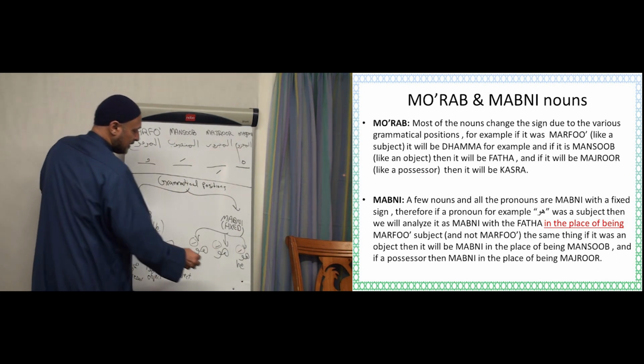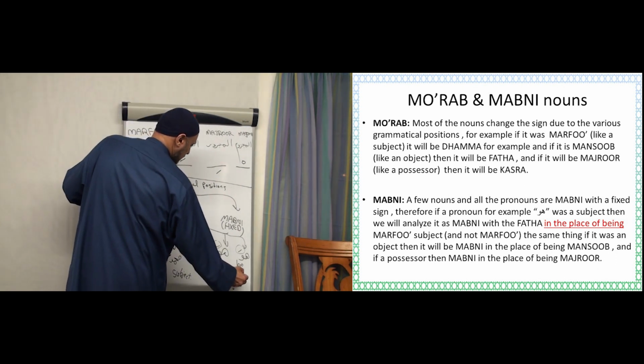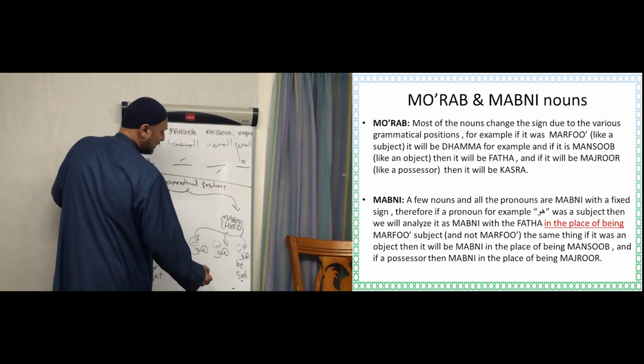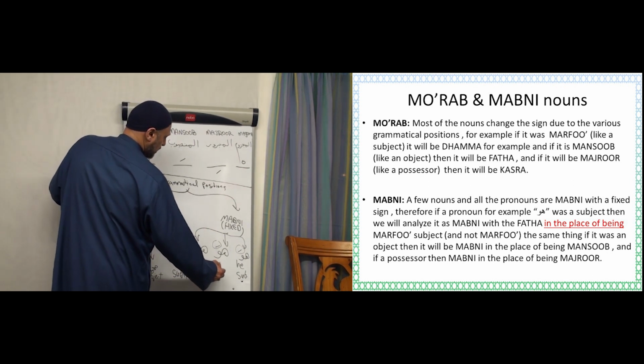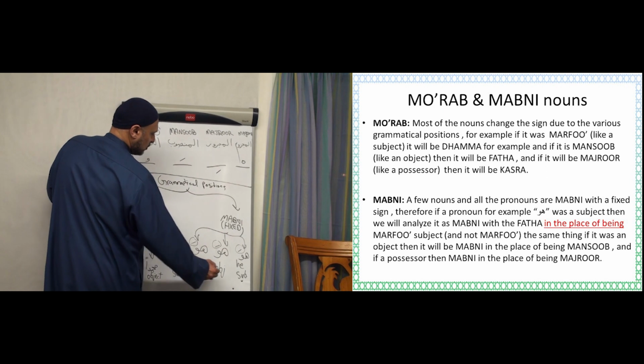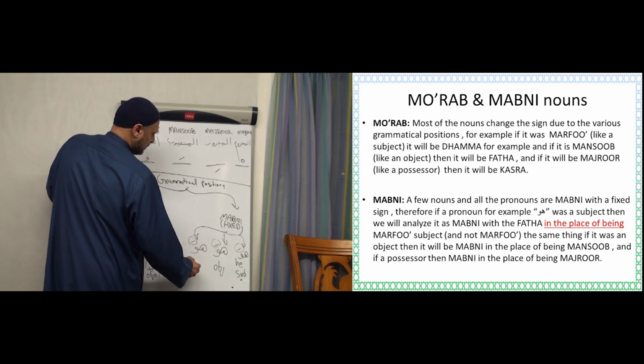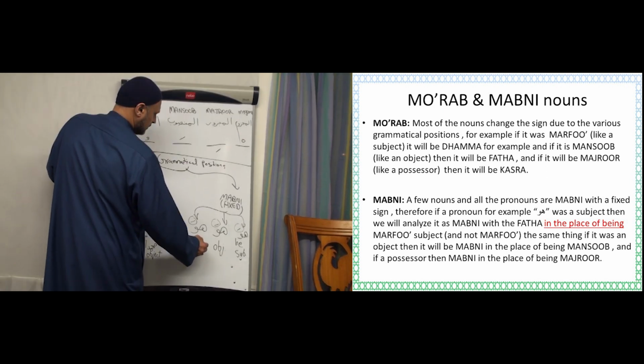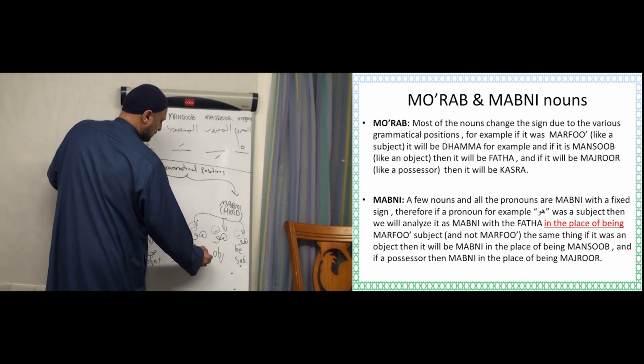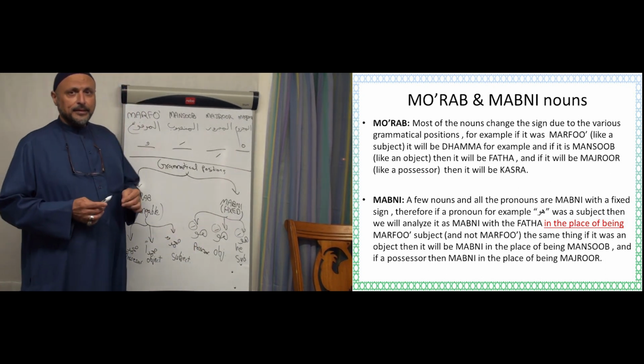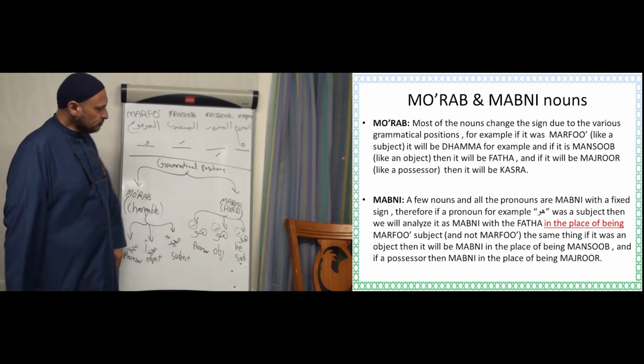So he here is a subject, but the sign does not change. Object, but the sign does not change. And possessor, but the sign does not change. You see how it goes?